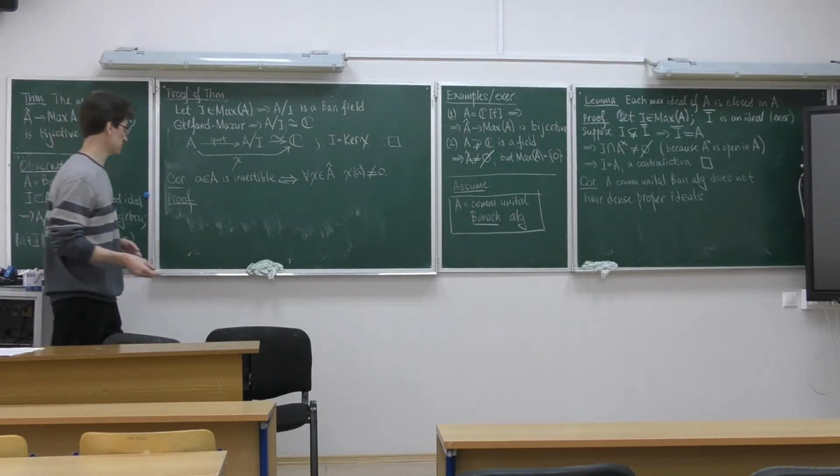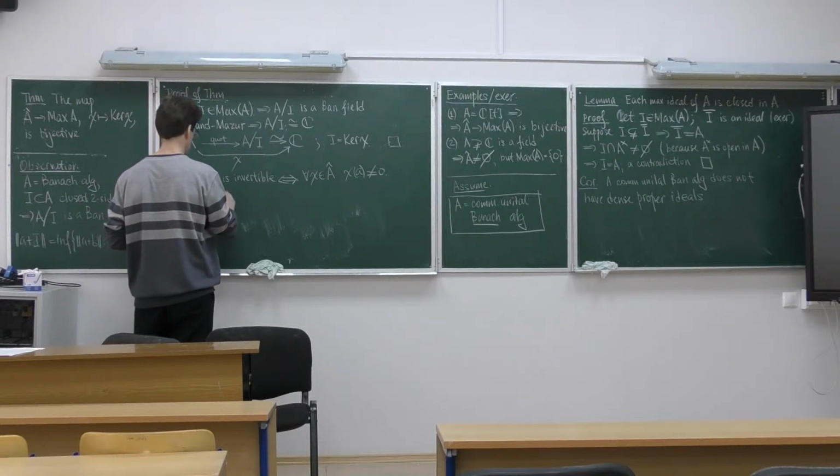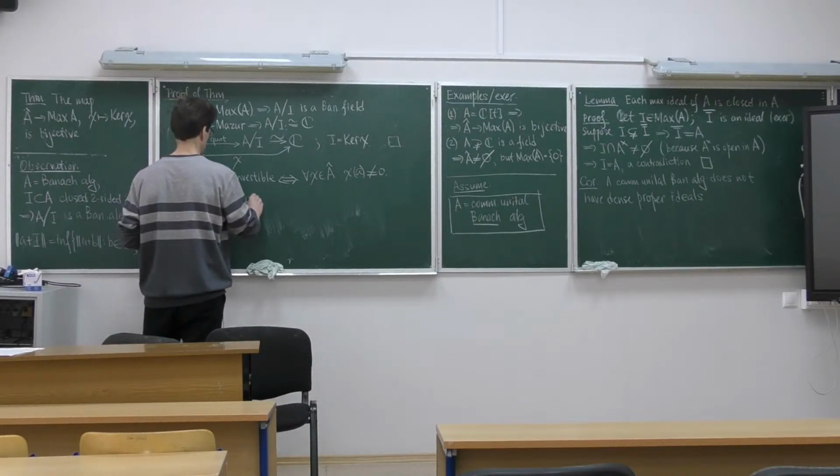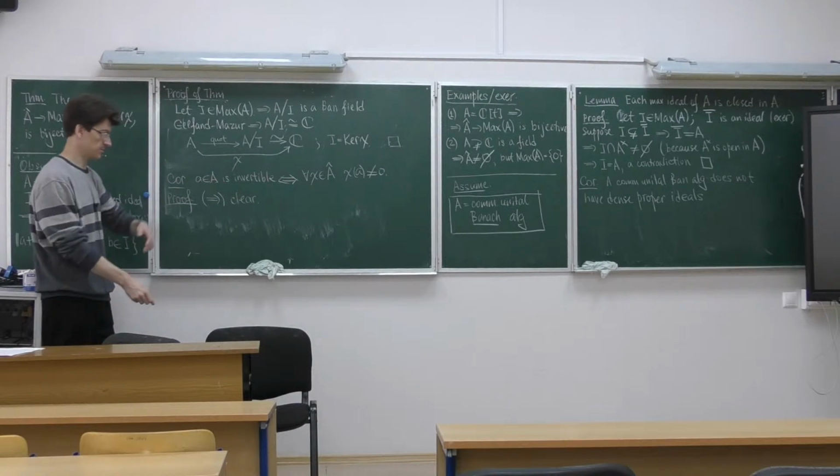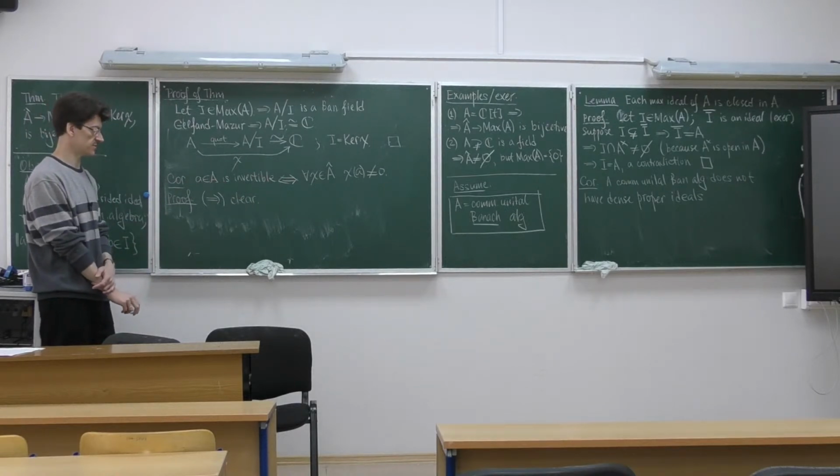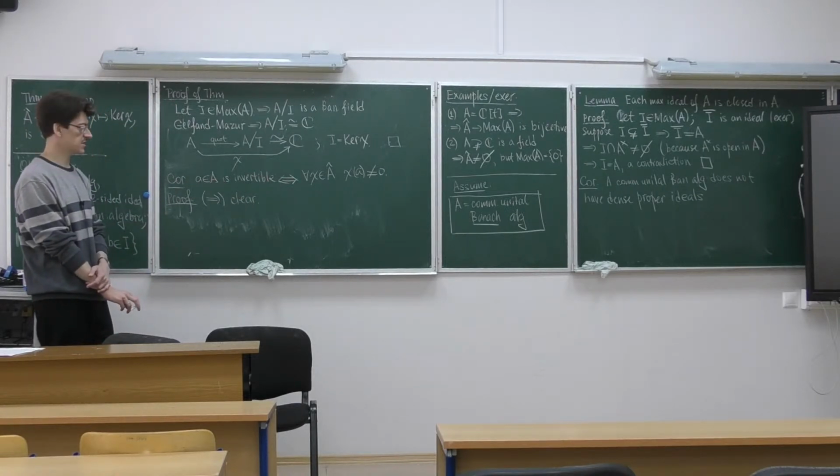Well, the left-to-right implication is obvious. This is clear because a non-zero character is a unital algebra homomorphism, and a unital homomorphism takes invertible elements to invertible elements.